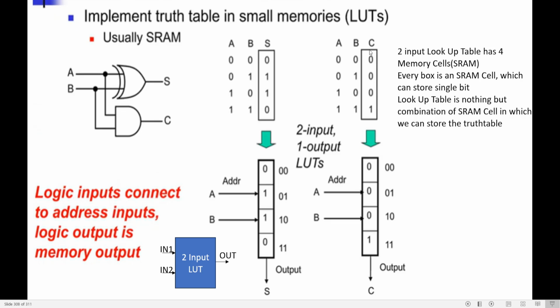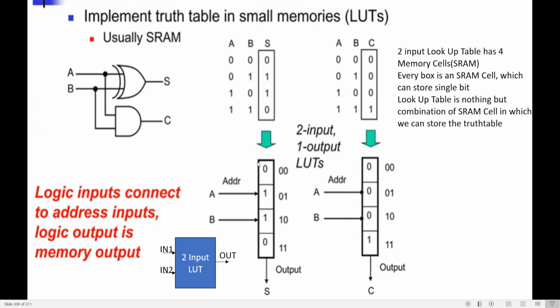And the logic output C is connected to the memory element. Now see, if my input is 1 and 1, I need to go to the address 1 and 1. What is the content stored at that address? 1. That will come as the output. So this is a 2 input, 1 output LUT.